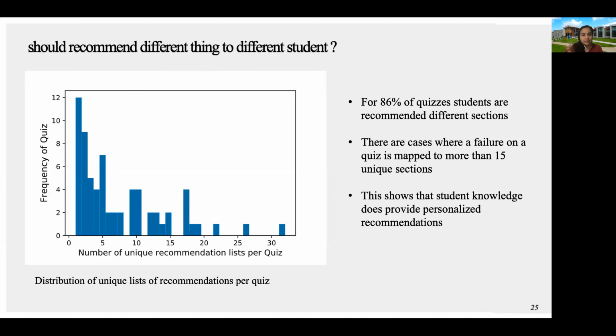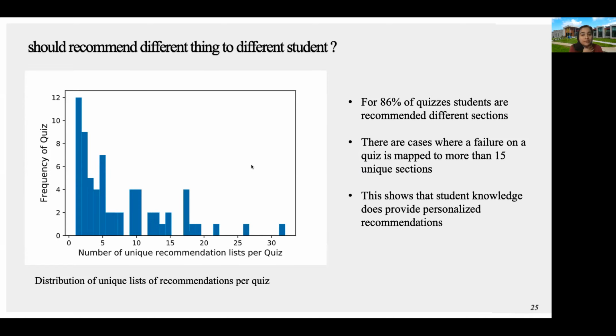One important aspect of knowledge-based recommendation is they should provide different recommendations to different students. So to check this, we plotted this graph where the x-axis is the number of unique recommendations and the y-axis is the frequency of quizzes with those unique recommendations.